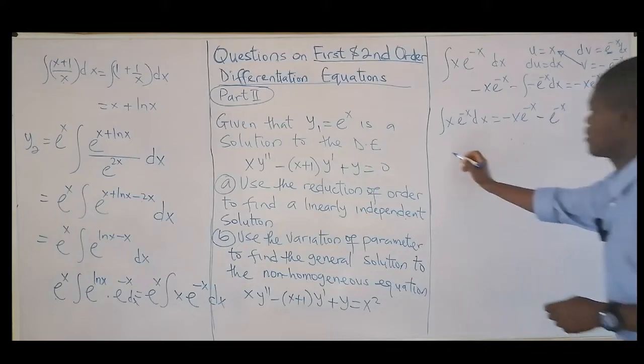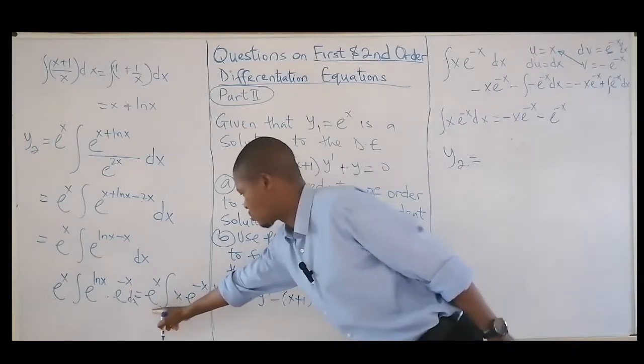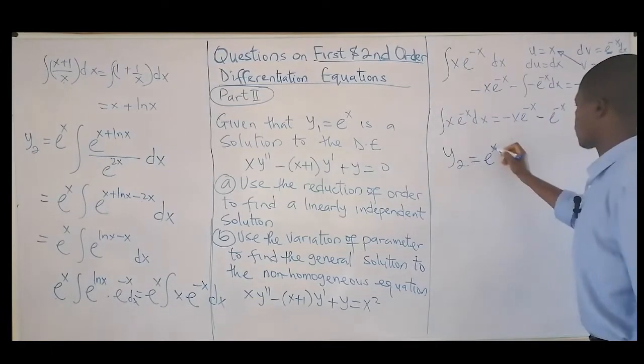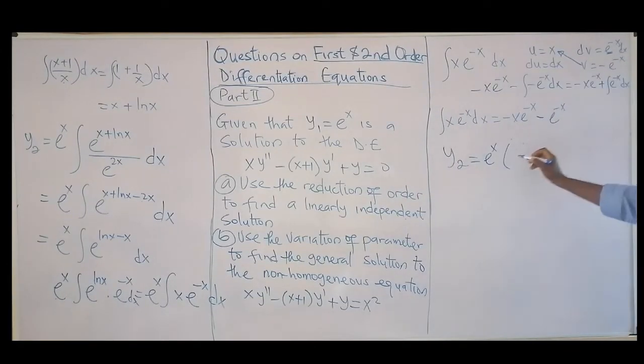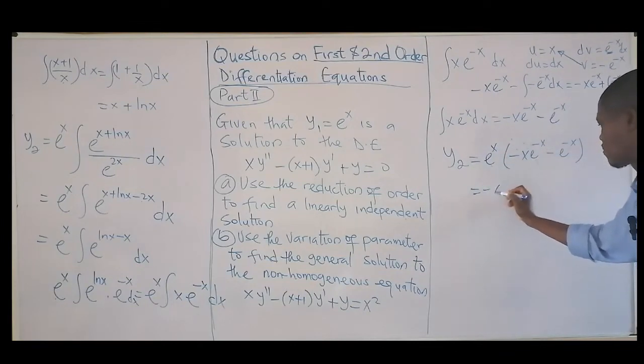So finally, y2 is equal to what? y2 is equal to e^x, and then in brackets minus this. So we can open this. If you open this one and this one by indices, they become 1. This one plus this one is e to power 0, so that's 1. So I have -x there.